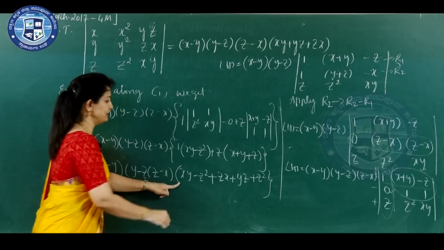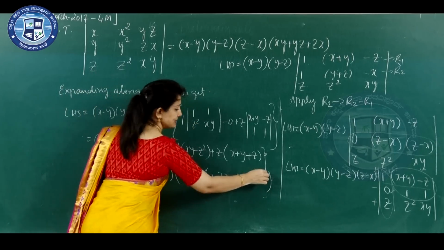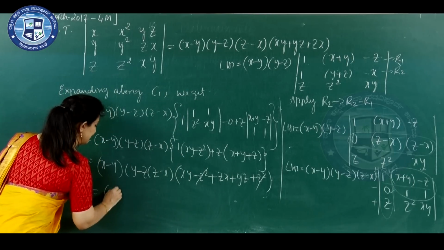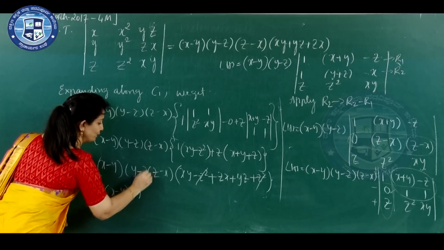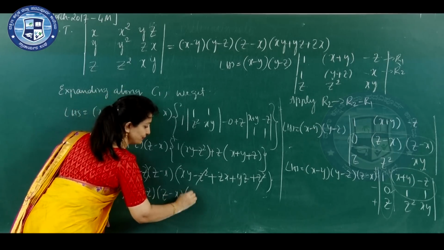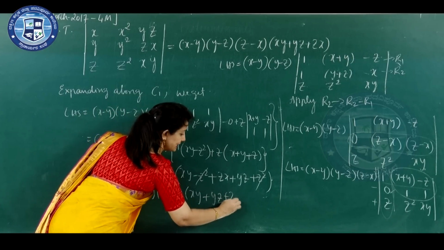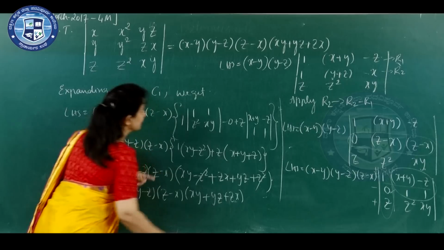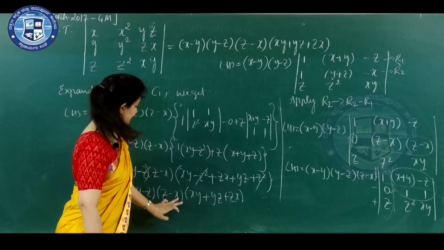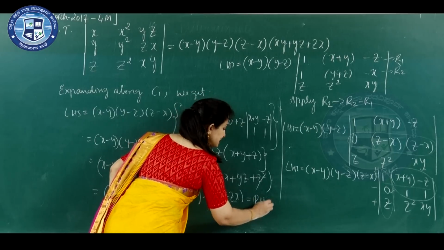Observe this, the term inside the bracket, plus z square minus z square can be cancelled. So what do we get? x minus y into y minus z into z minus x into xy plus yz plus zx. Is it the RHS factor? Yes, x minus y, y minus z, z minus x into xy plus yz plus zx, which is RHS.